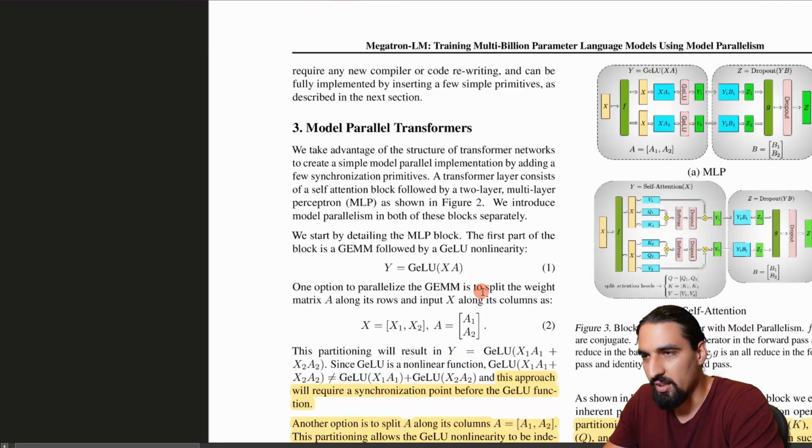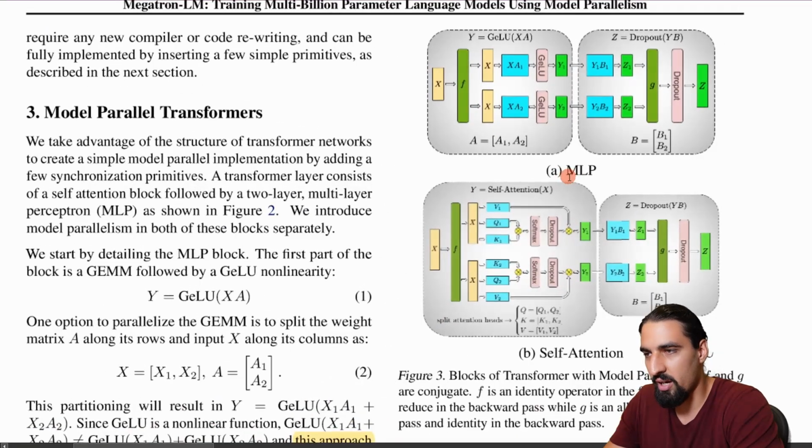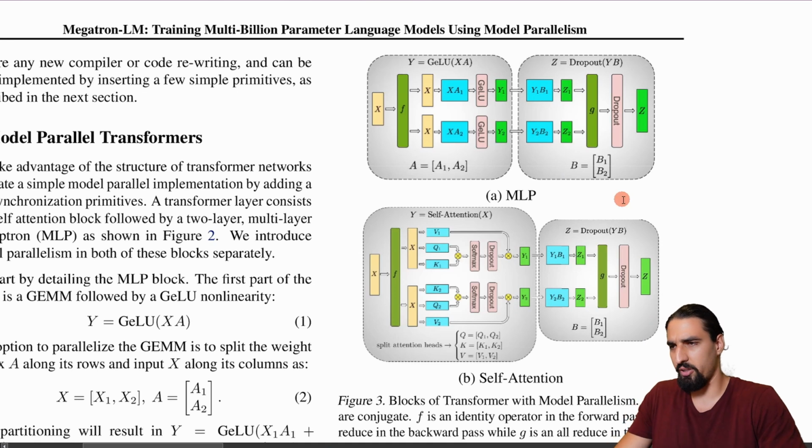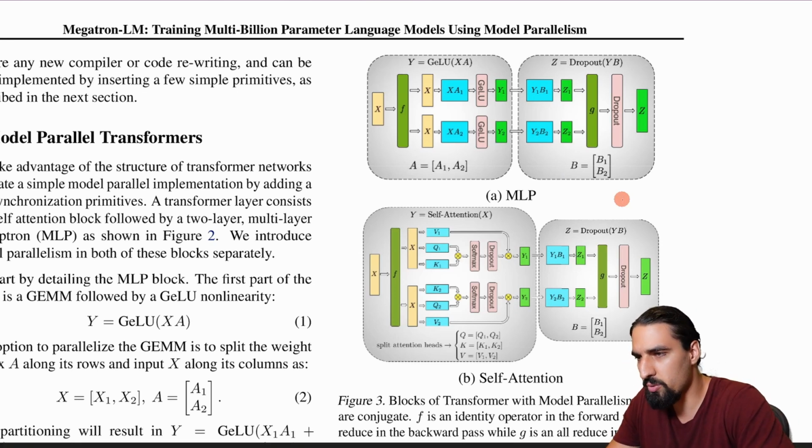Okay, let's start here. Here you can see the diagrams of how the splitting happens. So the upper diagram here shows you the MLP block, and you can see this is the first linear layer, the second linear layer, and this is how it's split down.